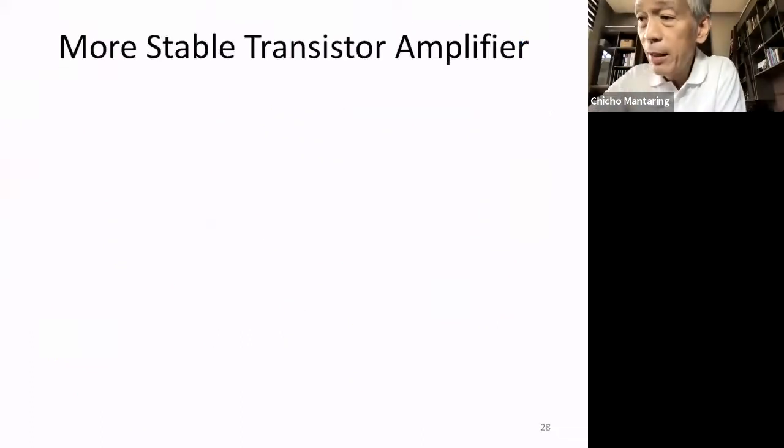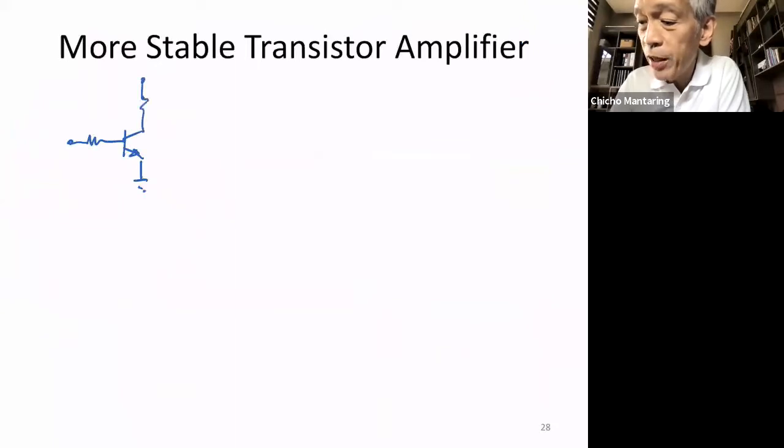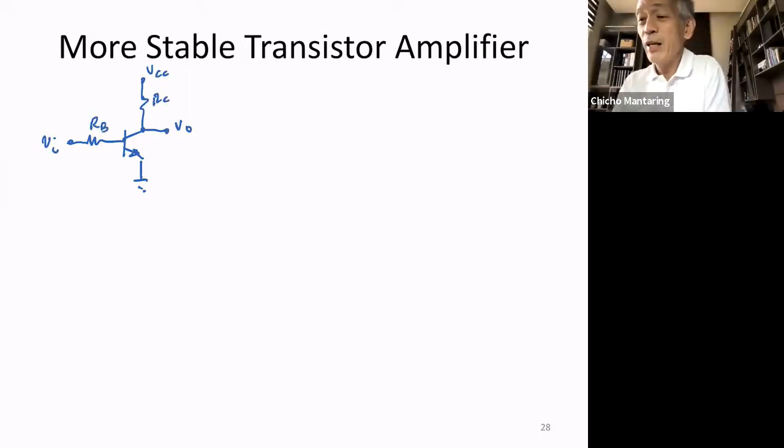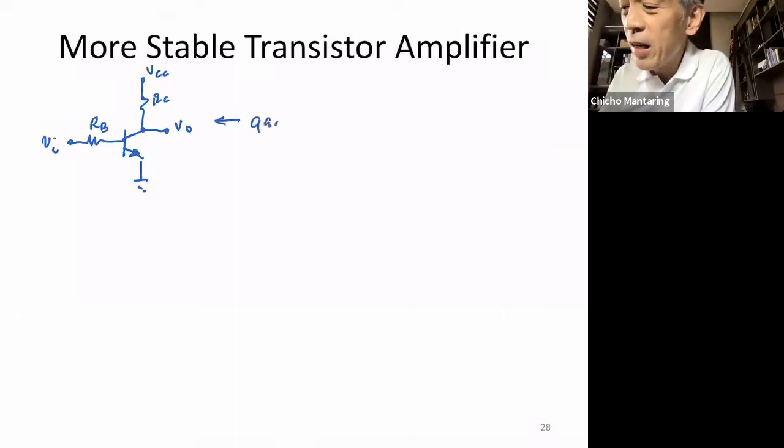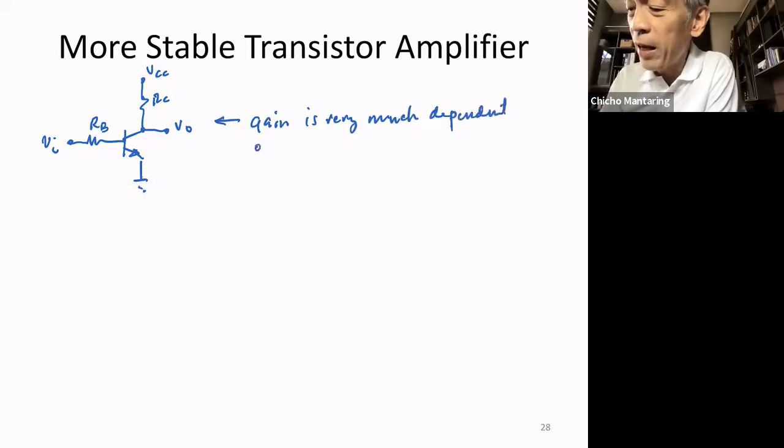Okay. So I discussed earlier this amplifier, right? I gave you an example of this amplifier. The gain of this amplifier is very much dependent on beta.